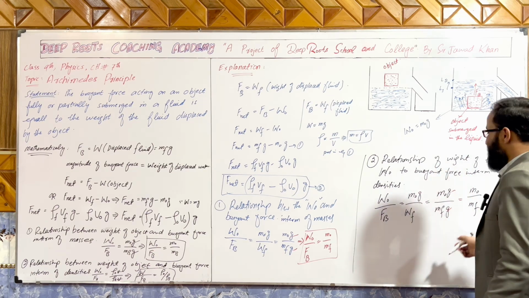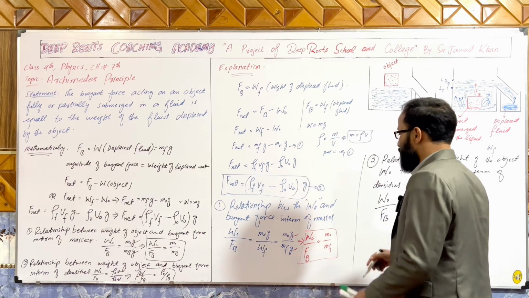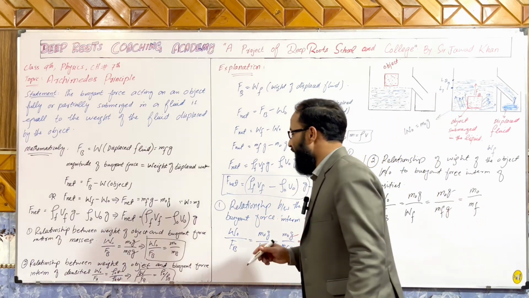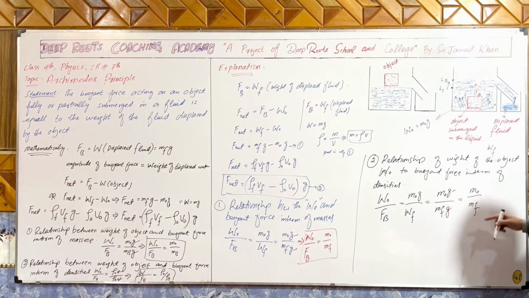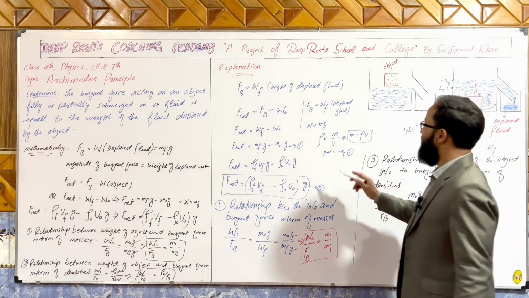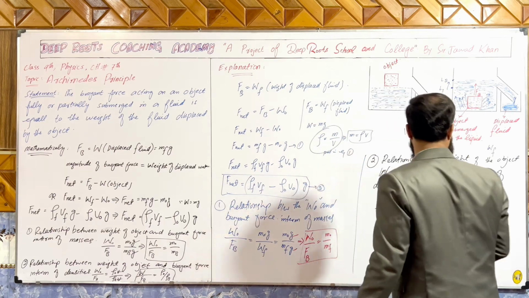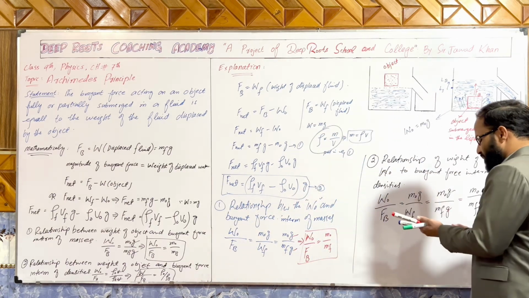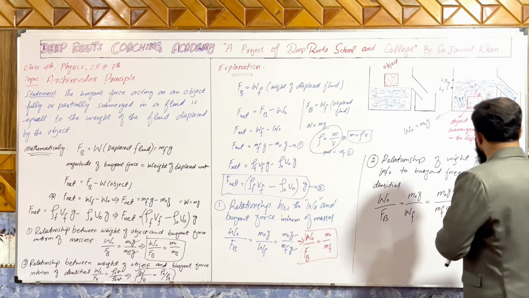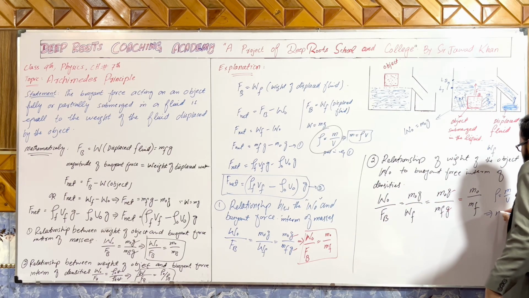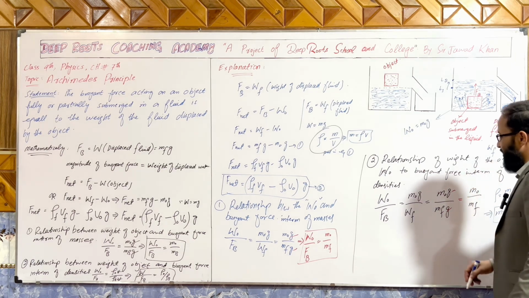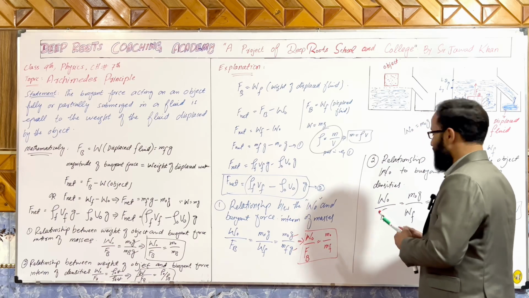Now instead of this I will put the value of the mo and the mf in term of the density. As we know that density rho is equal to m over v, so m will be equal to rho v, so I will put this in this relationship.